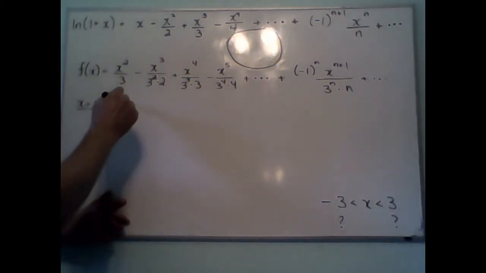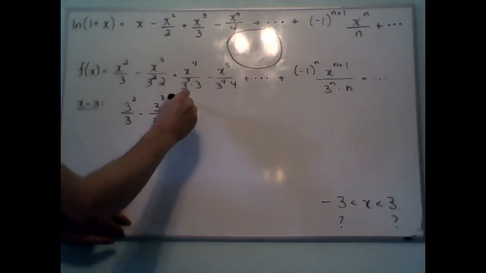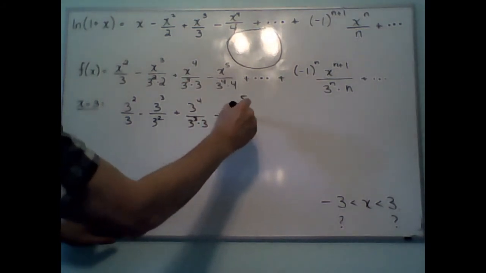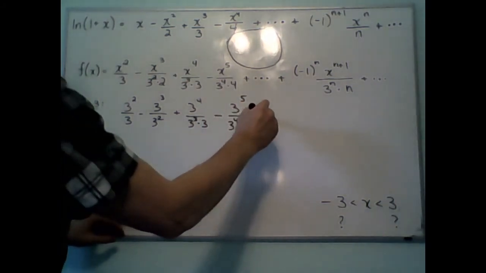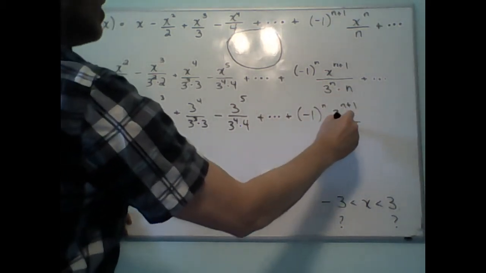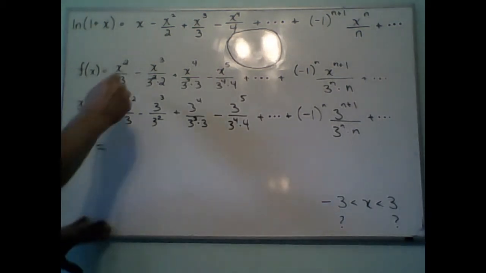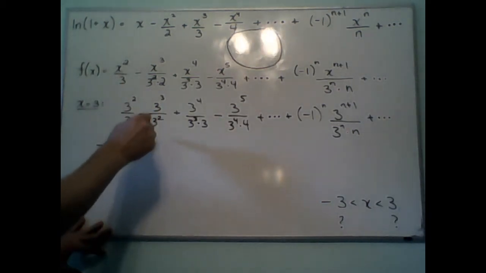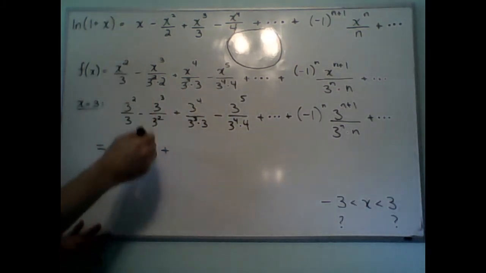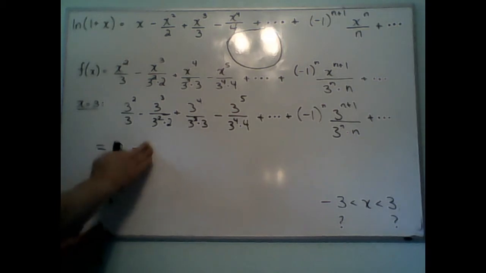So x equals 3, I get 3 squared over 3 minus 3 cubed over 3 squared plus 3 to the 4th over 3 cubed times 3 minus 3 to the 5th over 3 to the 4th times 4 plus, plus -1 to the n, 3 to the n plus 1 over 3 to the n times n, plus which simplifies to, okay, 3 squared over 3 is just 3. 3 cubed over 3 squared is 1. 3 to the 4th over 3 cubed times 2 is 3/2, everybody.